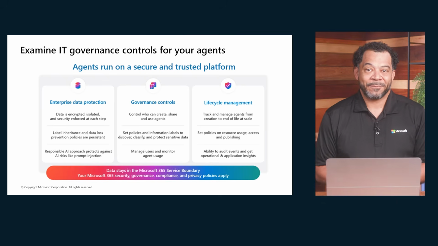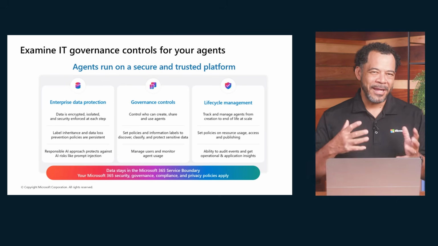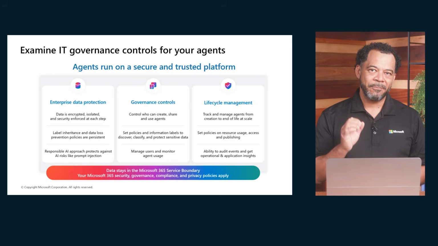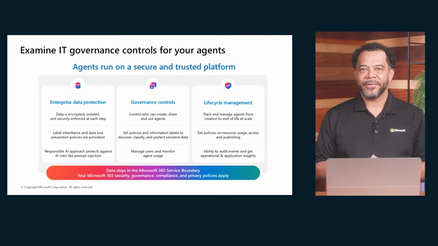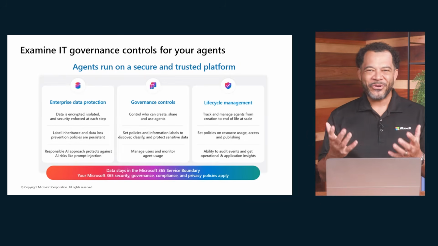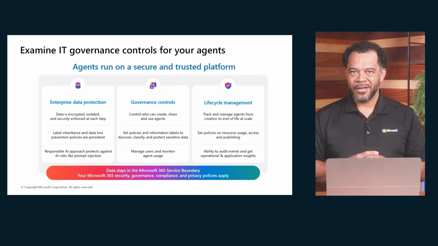So as we continue to explore how agents can transform everyday business processes, keep in mind that governance isn't a barrier, it's a foundation. It's what allows us to use these tools confidently, knowing that they're secure, compliant, and aligned with our goals.